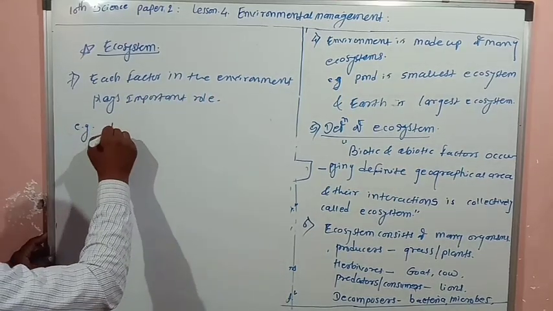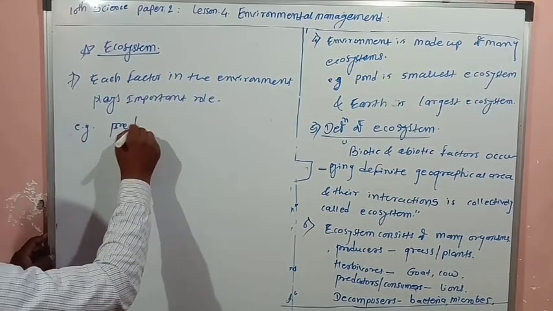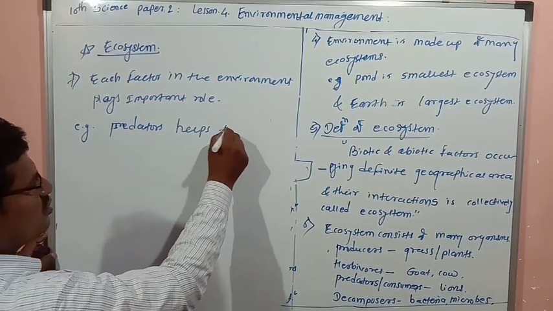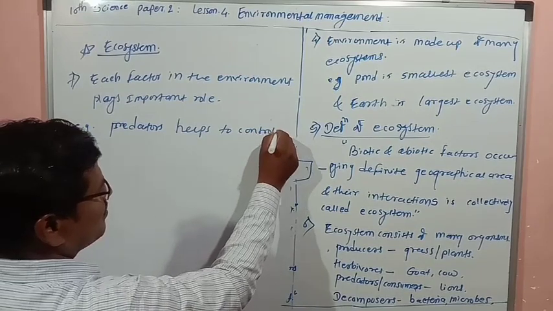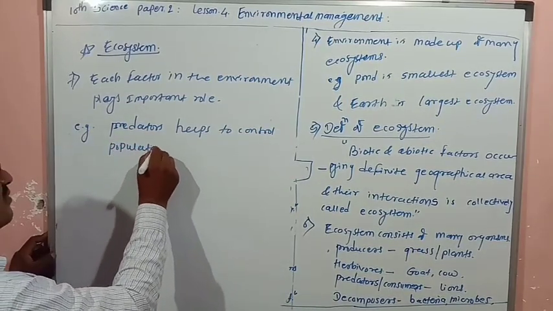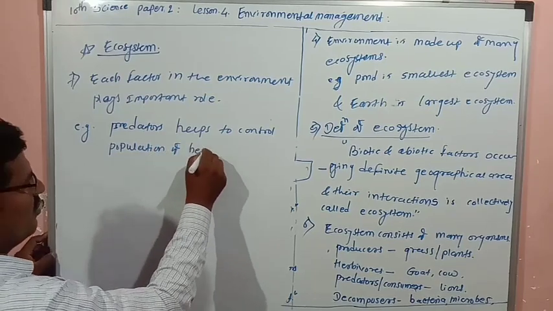Example, predators help to control the population of herbivores.